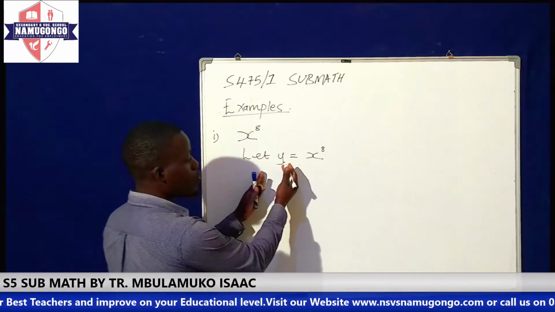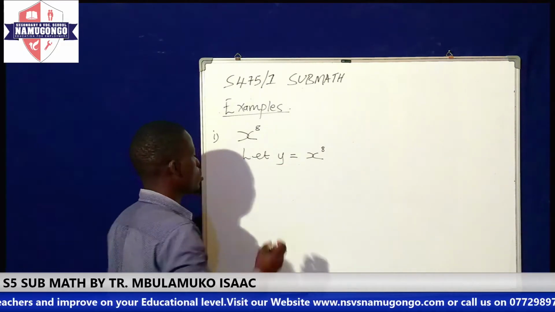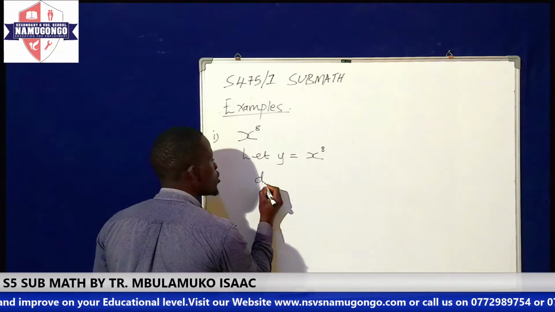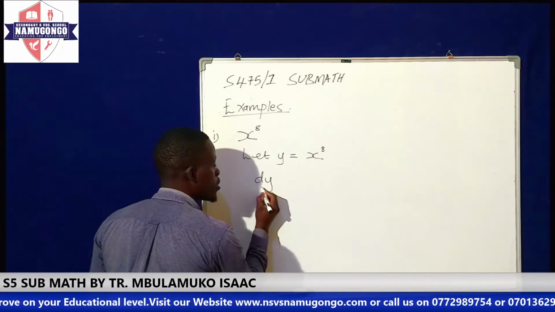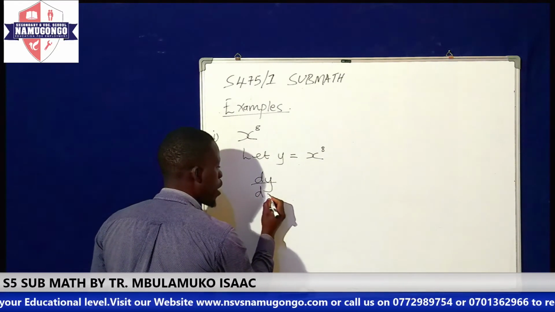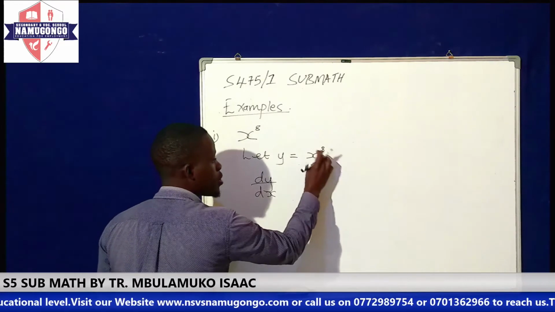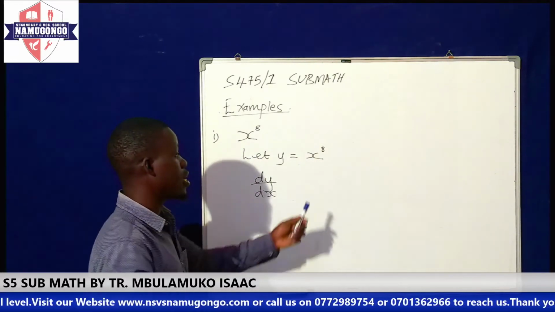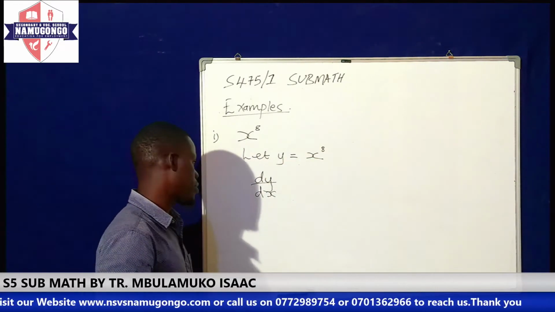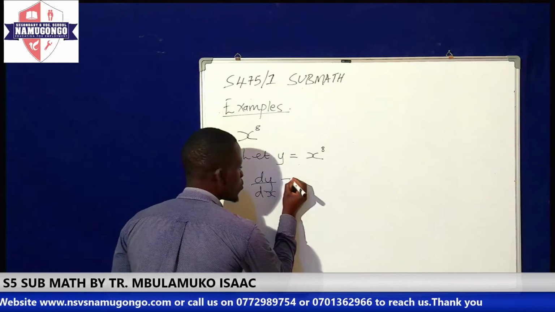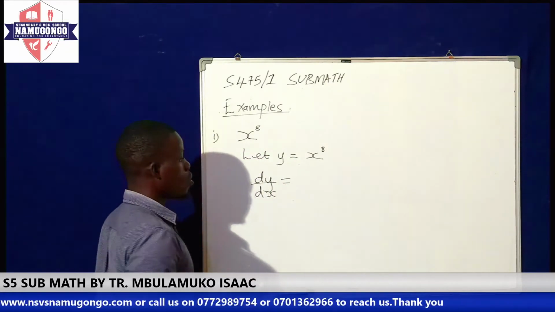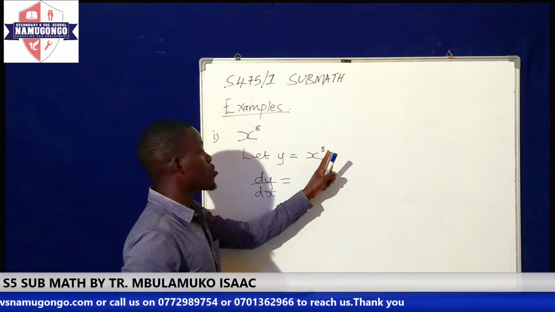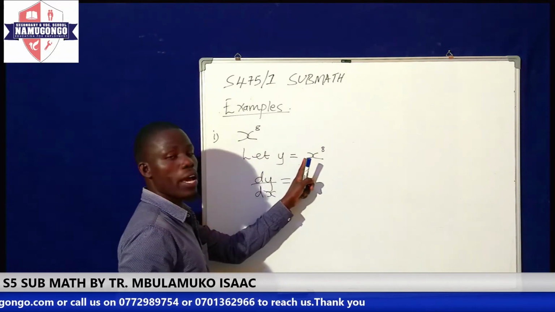So when we differentiate the left hand side, when you differentiate y, we shall get the derivative of y with respect to what is changing. And what is changing? It is our x. It's going to be equal to, we say you multiply, so you bring this power and multiply it with this function.